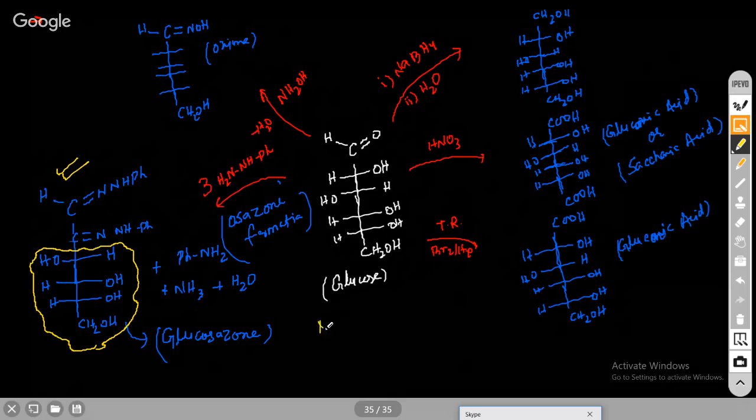So that note you write down here: osazone formation in glucose and fructose is same.